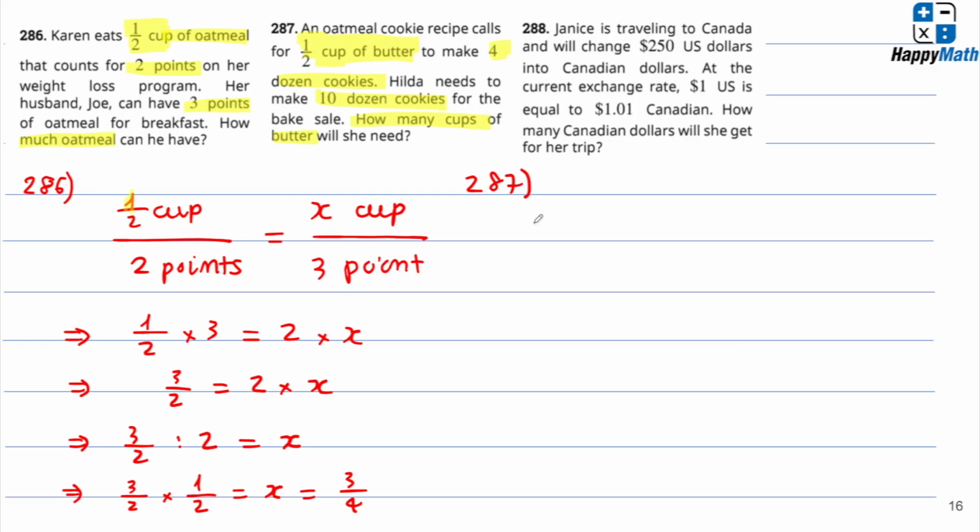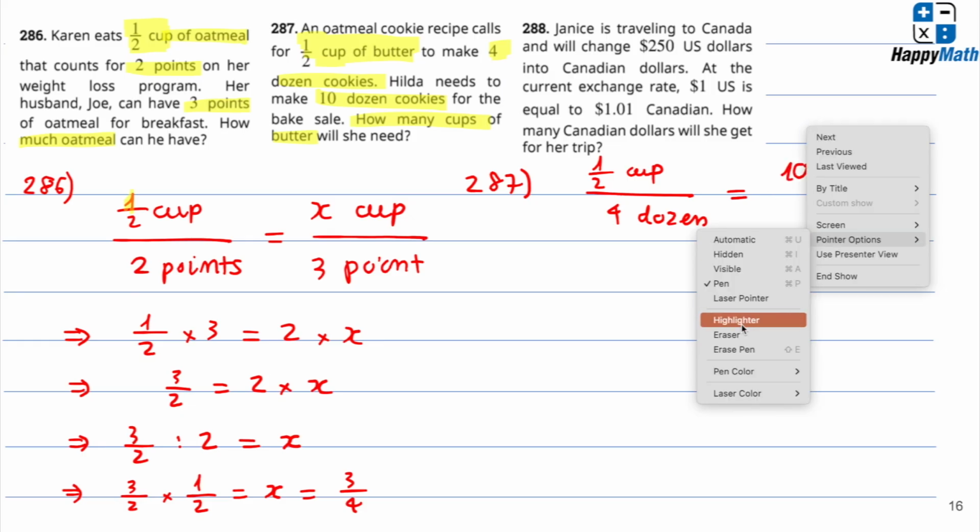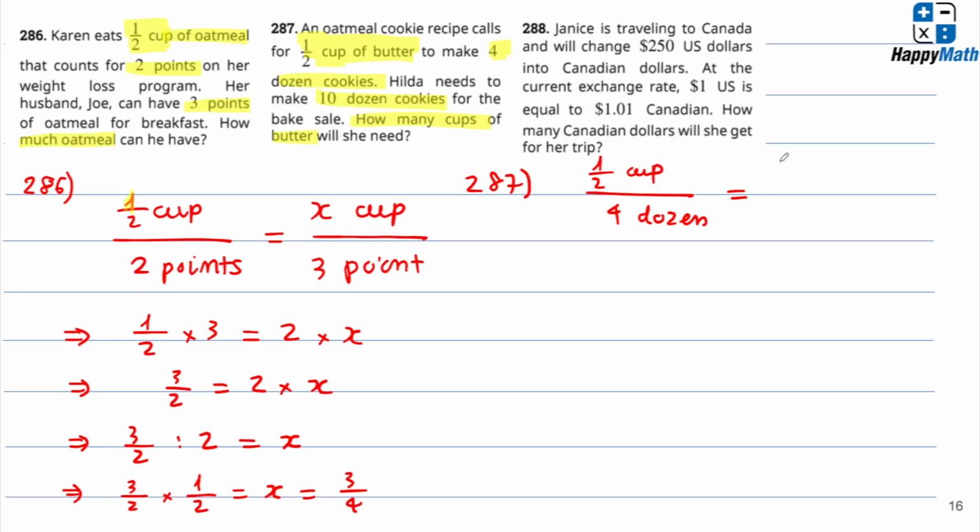Okay, cups of butter and dozens of cookies, so 1/2 cup of butter over 4 dozen, and then you got x cups. And about the dozen, you got here is 10 dozen. Yeah, same units for numerator and denominator.